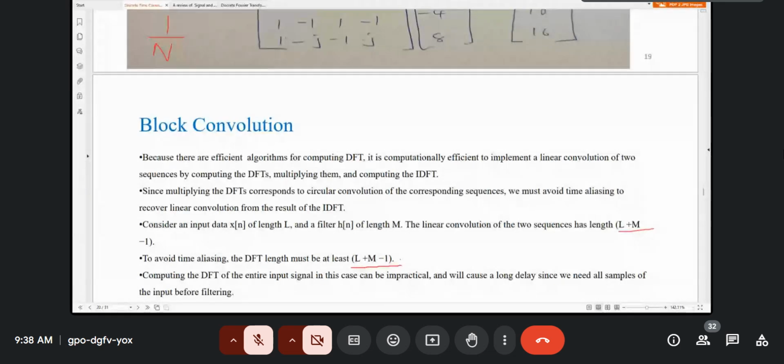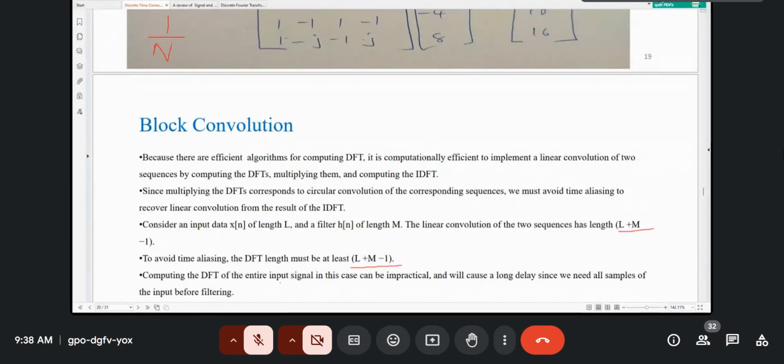And remember, when you talk of L plus M minus 1, we are not talking about the length of the long sequence, the long block which you are trying to find the convolution of. We are talking about the length of the smaller block which you have created. It must be L plus M minus 1.